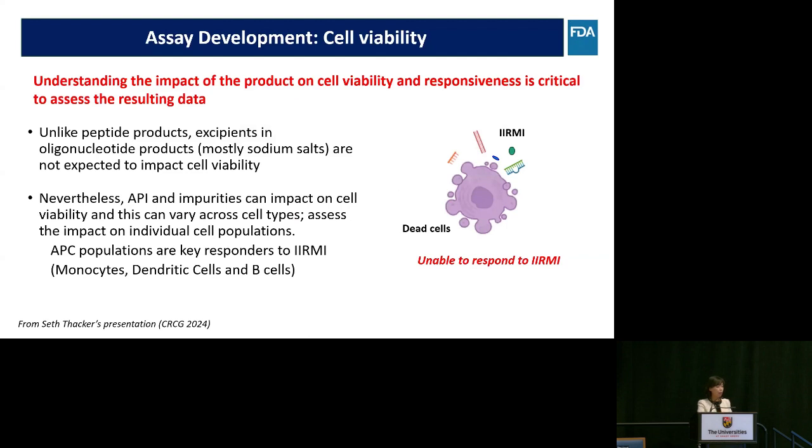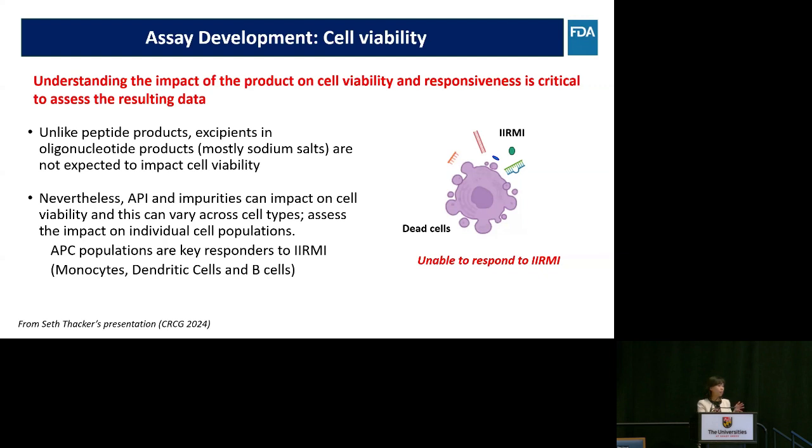Understanding the impact of the product on cell viability and responsiveness is also critical to assess the resulting data, because if cells die, they cannot recognize and cannot respond to the RMI. In the immunogenicity assessment for the generic peptide drugs, we sometimes see this problem.